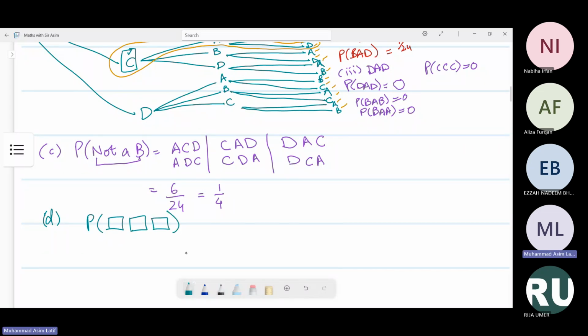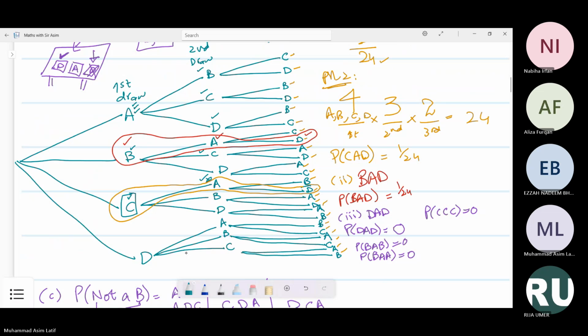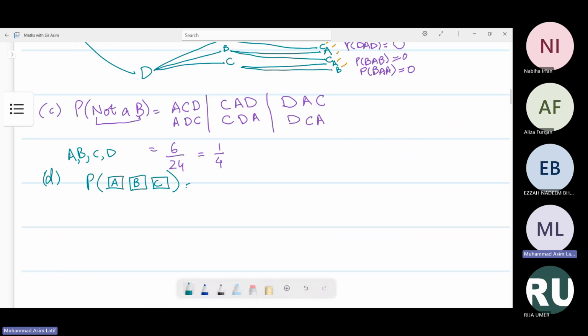The alphabetical order of the letters A, B, C, and D would obviously be suggesting that A should be at the first place, B should be at the second place, and C at the third place. So this is the combination he is asking for. From the tree diagram, you can see A, B, and C. It is the only one branch. So its probability is going to be 1 divided by 24.